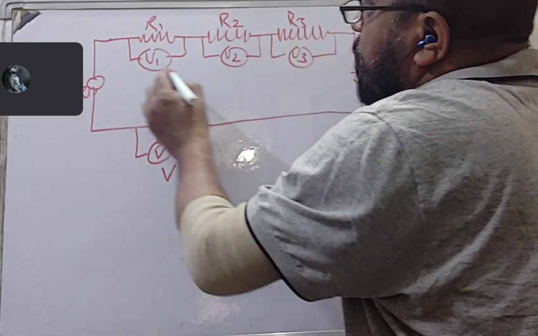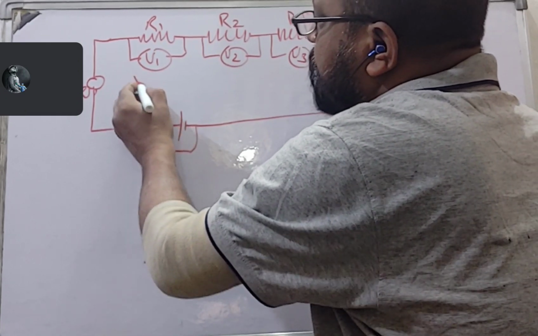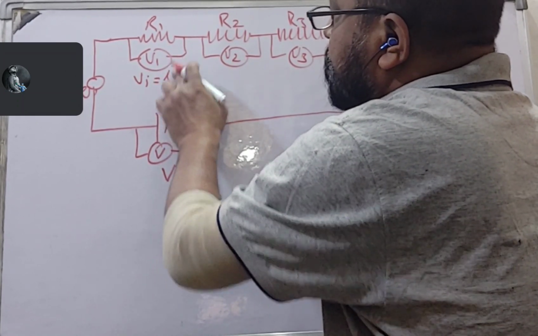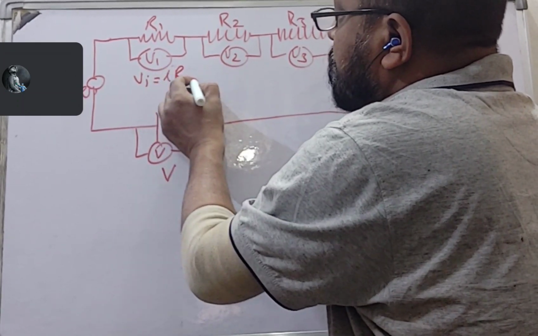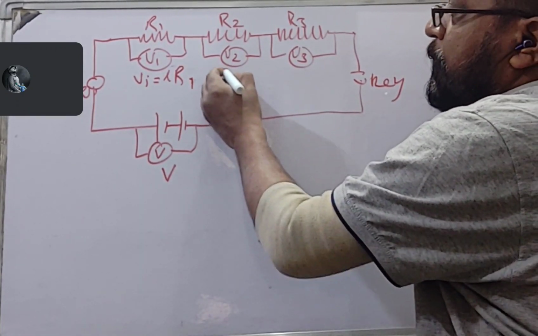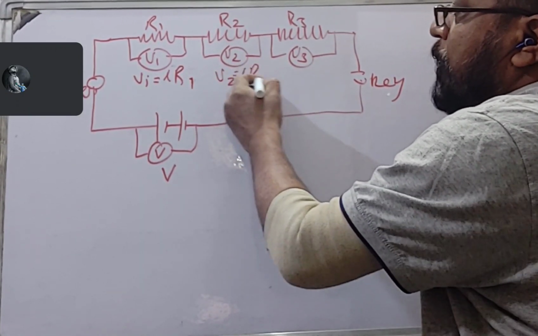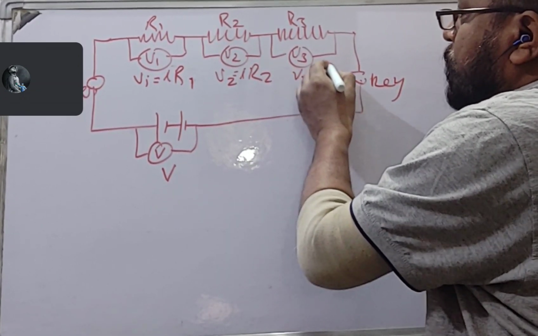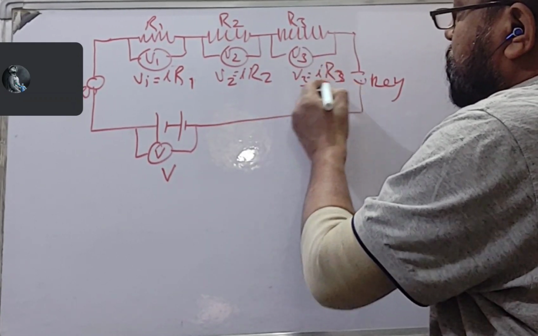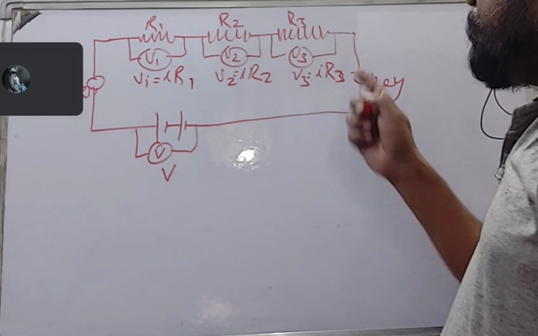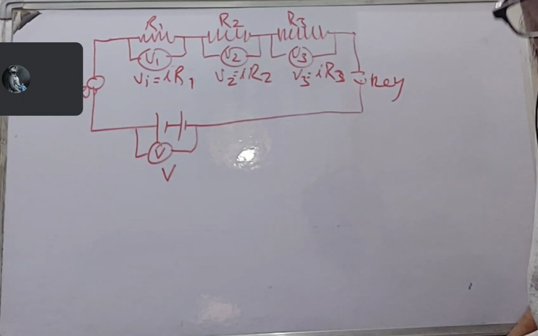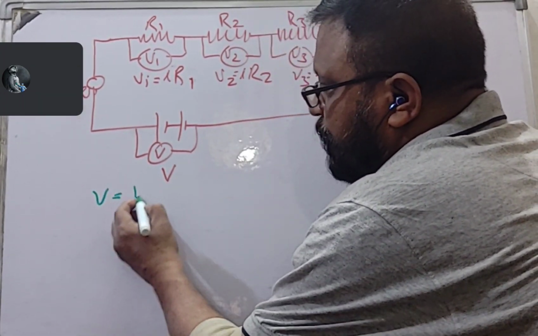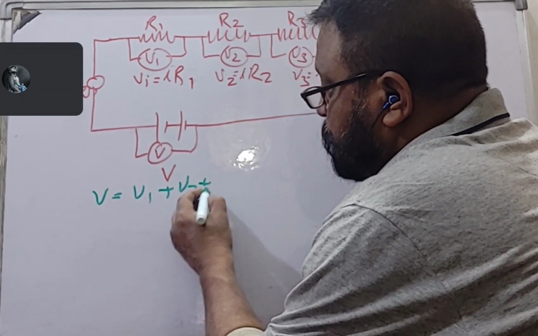Fine. So V1 is equal to I into R1, V2 is equal to I into R2, and V3 is equal to I into R3, right? And the sum of the potential differences V1, V2, V3 is equal to the potential difference of the battery, that is V is equal to V1 plus V2 plus V3.